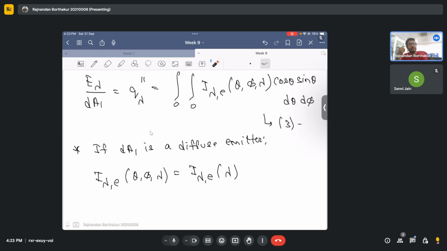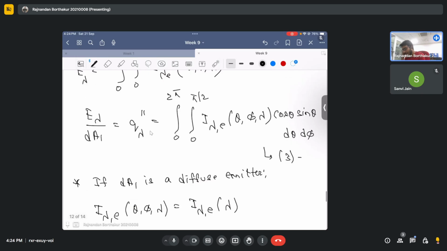Similarly, if it is a gray body, then the intensity of radiation or any other property does not become a function of the wavelength. But here it's a diffuse body, which means it's not a function of the direction. I hope this is clear. So if dA1 is a diffuse emitter, then the spectral intensity of radiation is not a function of direction, and I can write I lambda E as just a function of wavelength lambda. Which means I can bring I lambda E outside of this integral, because it no longer depends on theta and phi.